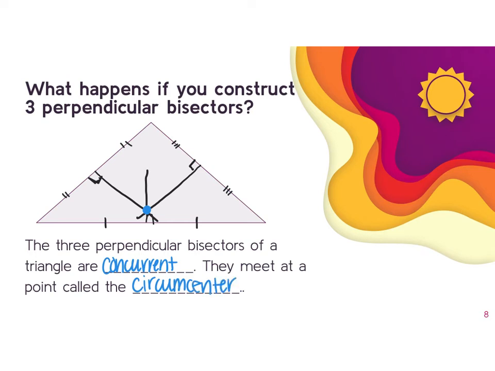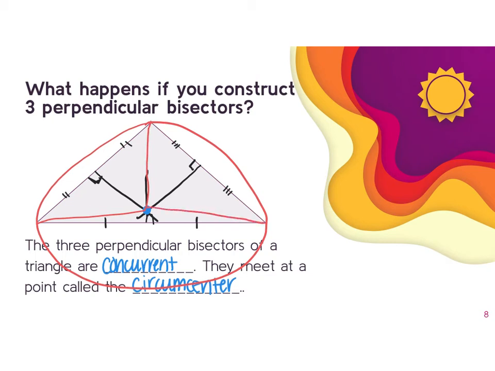With perpendicular bisectors and our circumcenter, what actually happens for our circle is that we go through the vertices, and that circumcenter is equidistant from the vertices because those radii are all the same.